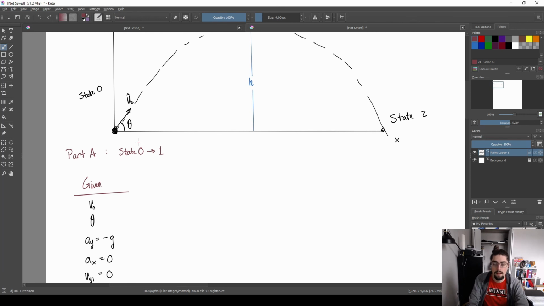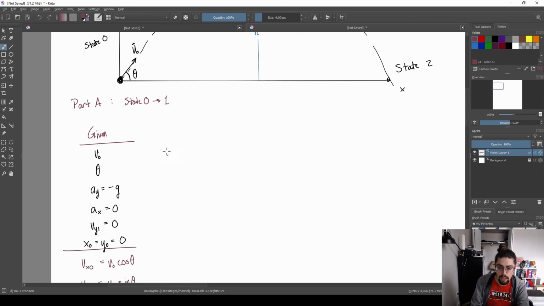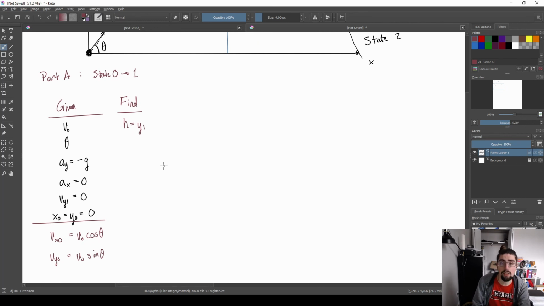So, let's start with this then. We have our list of variables that we are given. We are tasked with finding h, also known as y1. So, I'm just going to take this thing from my straight off approach here. I'm going to start with x, then I'm going to do y. I'm going to keep them in two separate columns. We're going to work with them as we see them.